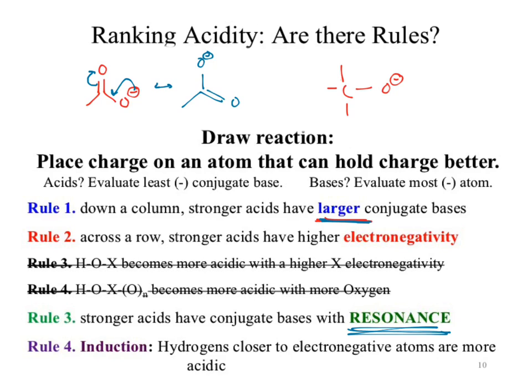Higher electronegativity literally means that atom is pulling electrons away. If I have an electronegative atom somewhere in the molecule, that atom is going to pull electrons toward it, all the way through the sigma structure, all the way back to wherever that hydrogen is. So rule number 4 is really an electronegativity argument again, but now applied to the molecule.